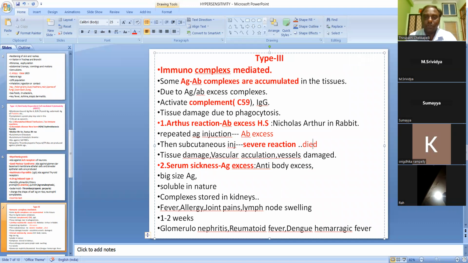That leads to attraction of the phagocytes as it is. They engulf the self tissue also. So vascular accumulation occurs and blood vessels are damaged. Tissue damage is the major manifestation.